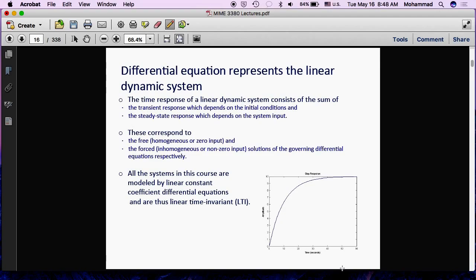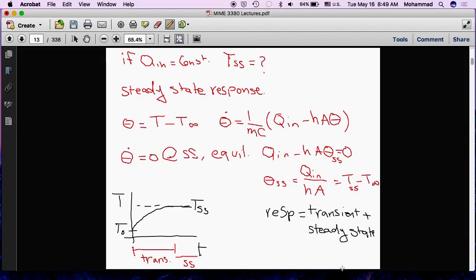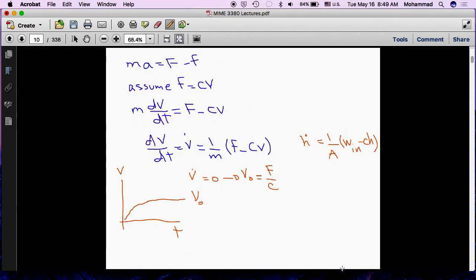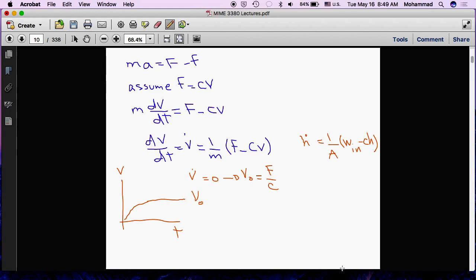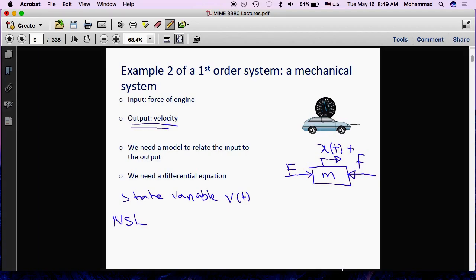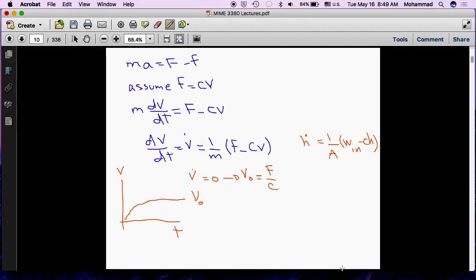We said the drag force was linearly proportional to velocity. Do you remember that? Let me show you one more time. Here, look at the force. Let me show you the free body diagram. We had a force, capital F, pushing the car forward and a force that slowed it down. We made the assumption that the force that slows down the car is simply proportional to velocity.